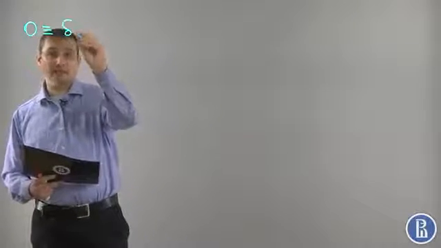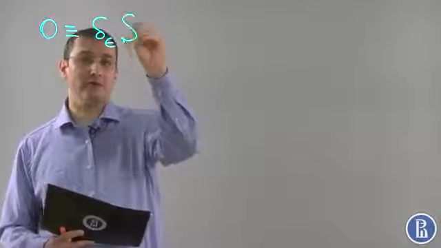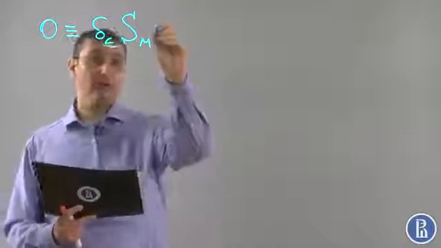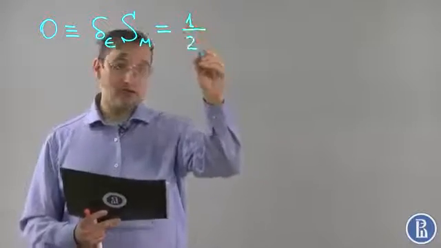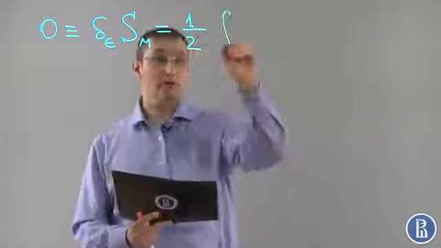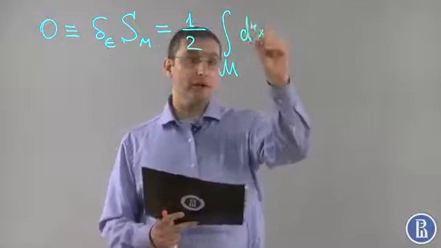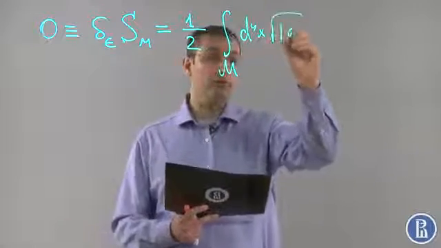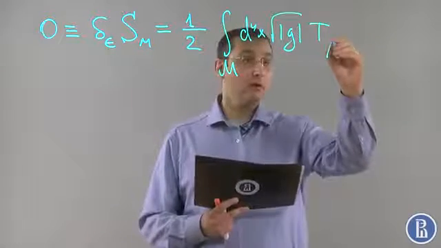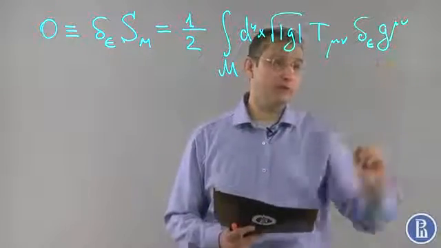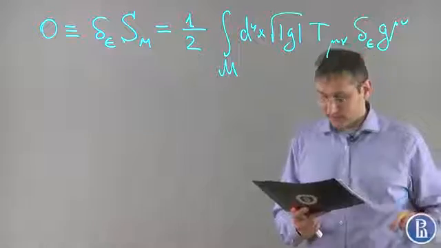So general covariance demands the following identity: under infinitesimal general covariant transformations, the matter action doesn't change. Let us see what kind of conclusions this allows us to draw. We have the integral over the space-time manifold d4x square root of the modulus of g, t mu nu, and the variation of the inverse metric tensor under the infinitesimal coordinate transformations.